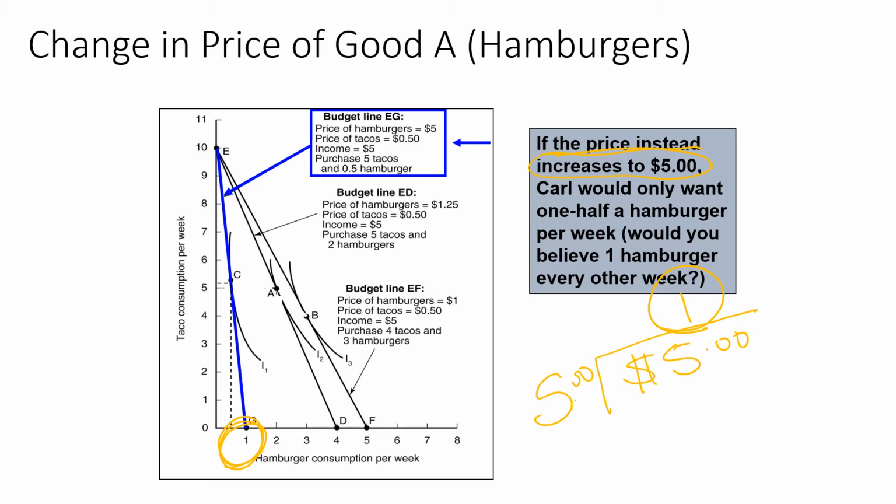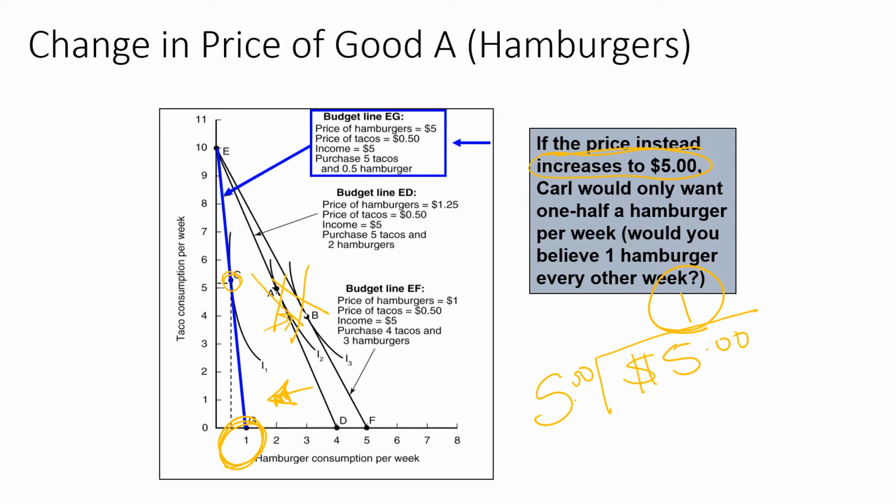So our budget line shifted to the left, which means that our new equilibrium is now tangent to a different indifference curve, because if you recall, there are multiple indifference curves, and the further to the right the indifference curve, the more desirable it is. However, none of these points fall within our budget anymore.